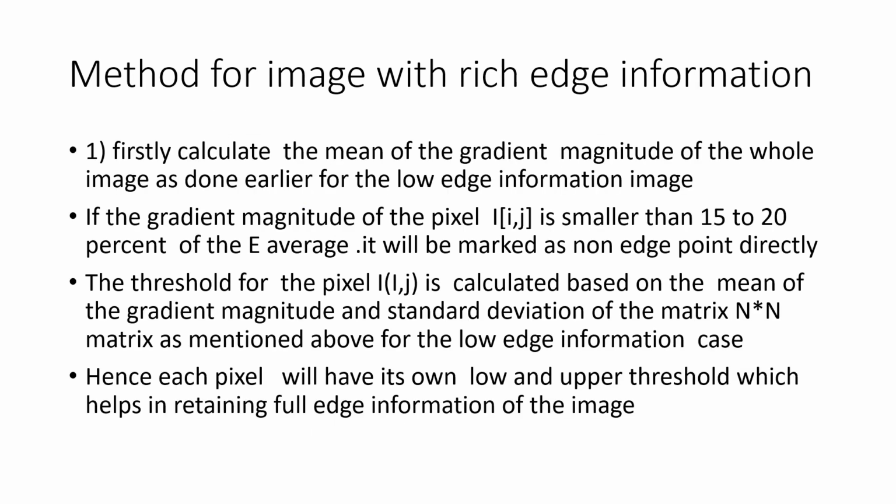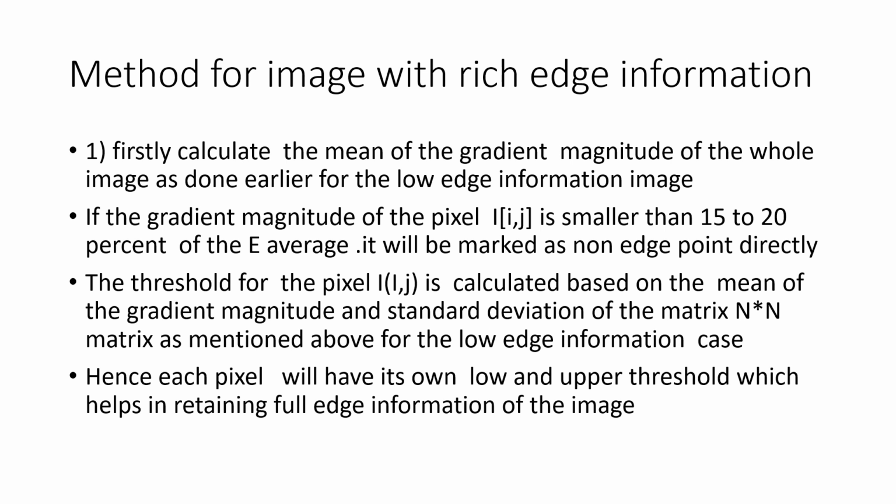Next, we are going to discuss the method for calculating the lower threshold and upper threshold, first for images with less edge information, and then the method to calculate the high threshold and low threshold for images containing rich edge information. This is for images with a larger field of view, with rich edge information and scattered gradient magnitude distribution, where the contrast of each part of the entire image is inconsistent and the image gradient's standard deviation is relatively very large.